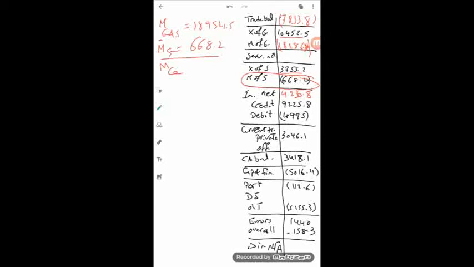The brackets mean that the value is negative. Services net is calculated as the summation of export of services and import of services, each with its own sign. So it will be 3,087.